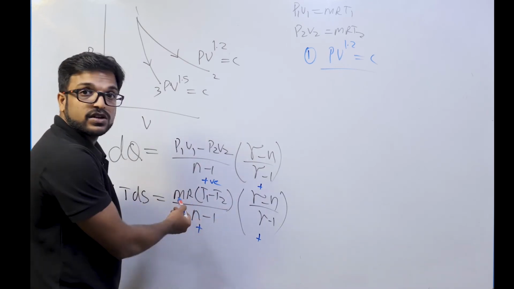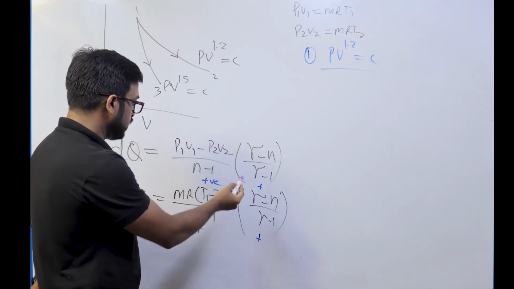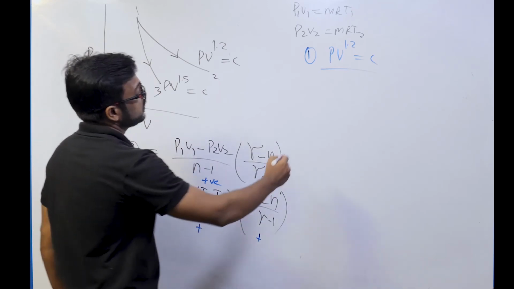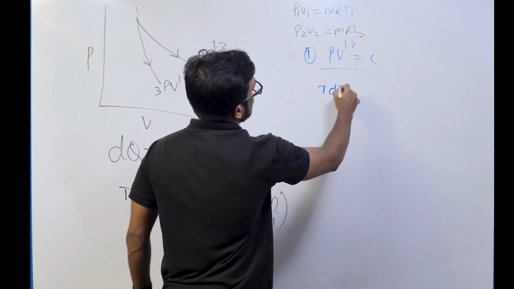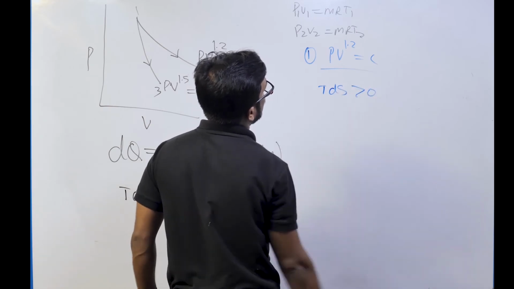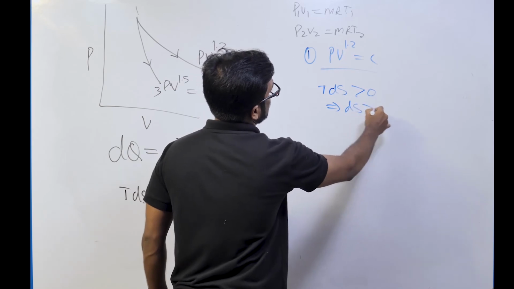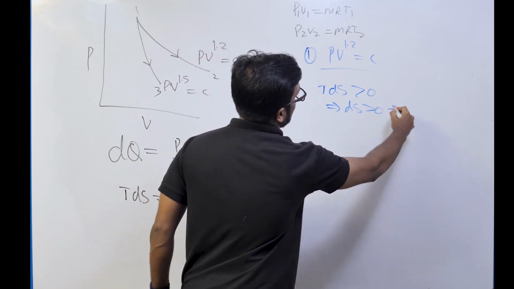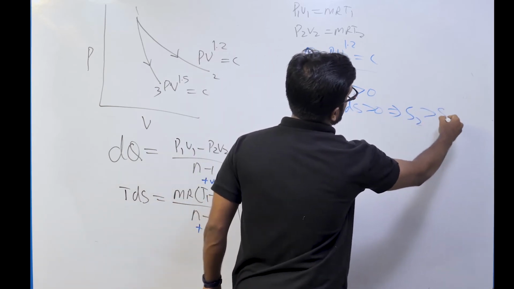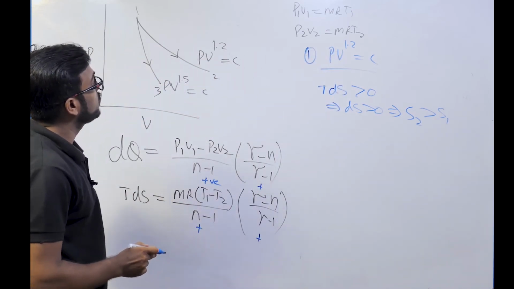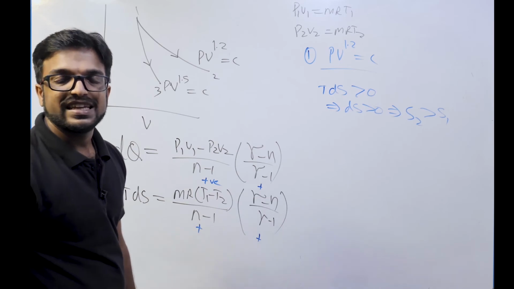Positive. Anyway, mR is a constant value, that's positive. Positive into positive divided by positive, positive. So everything is positive. So we will be concluding that for the first process, TdS is greater than 0. Anyway, T will be greater than 0 only. It results in dS is greater than 0 or S2 is greater than S1. So for the 1 to 2 process, we can conclude that entropy is increasing.